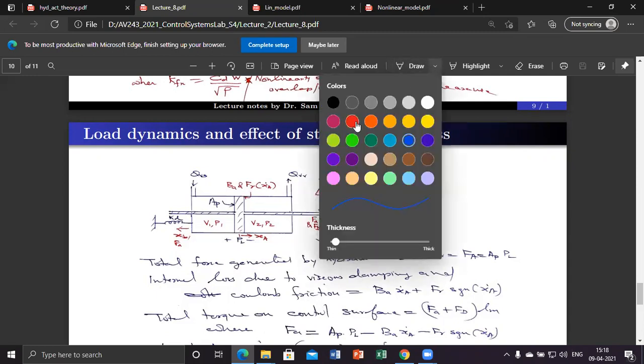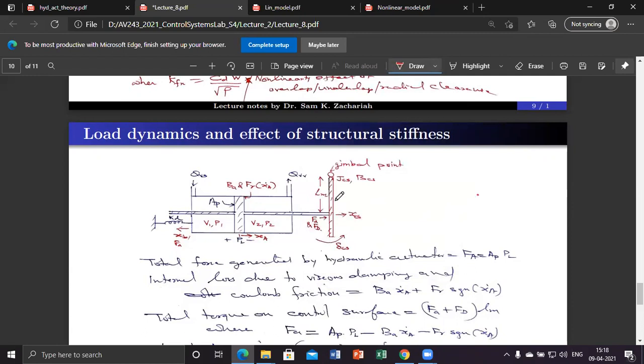That means when we actuate, this will move like this or it can move like this. This is something like a control surface about an axis, so this can move this way or that way.